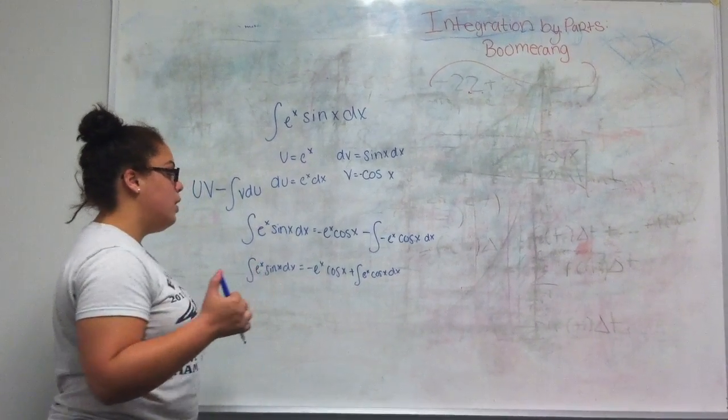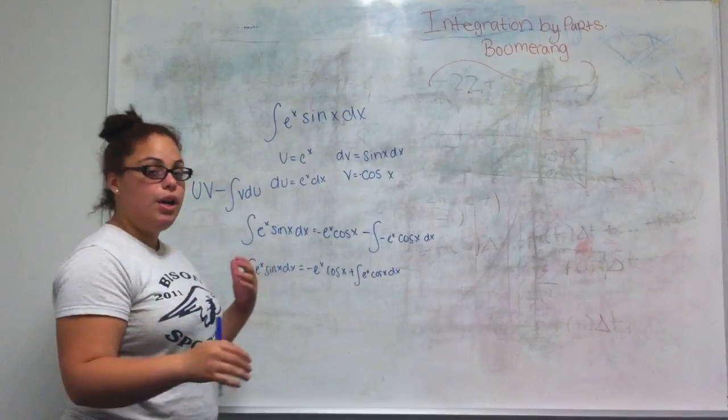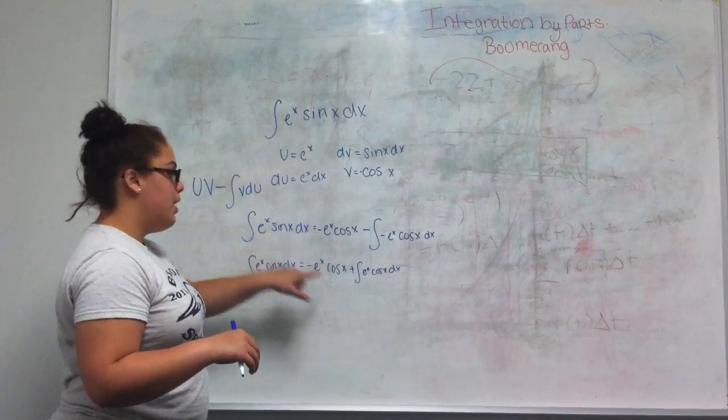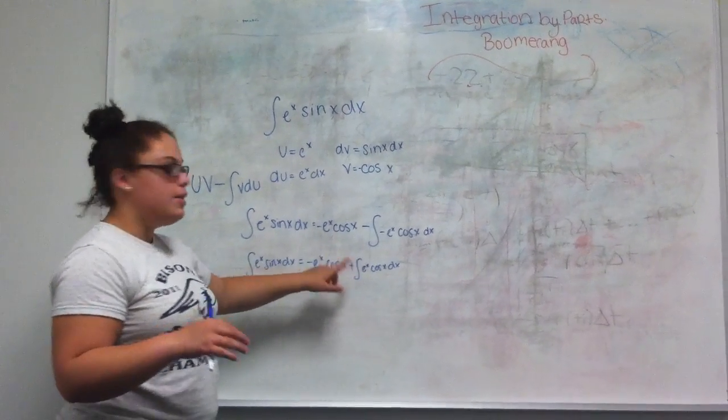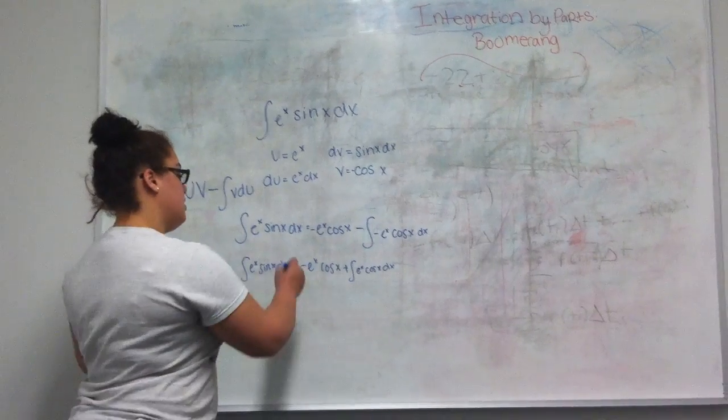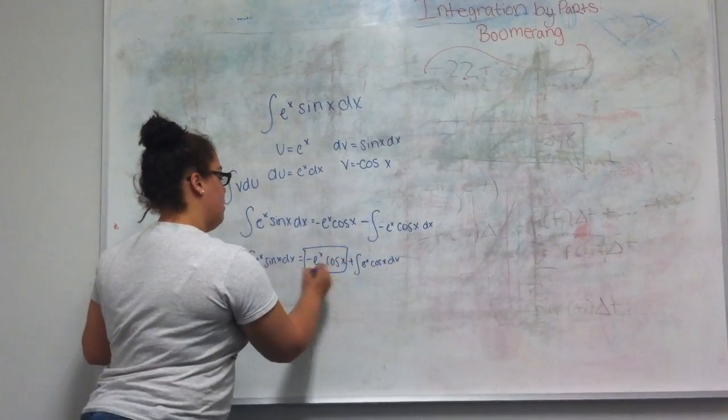In order to do this, we do the same part that we did above and we break the integral down, still reminding ourselves that this is still a part of the product.